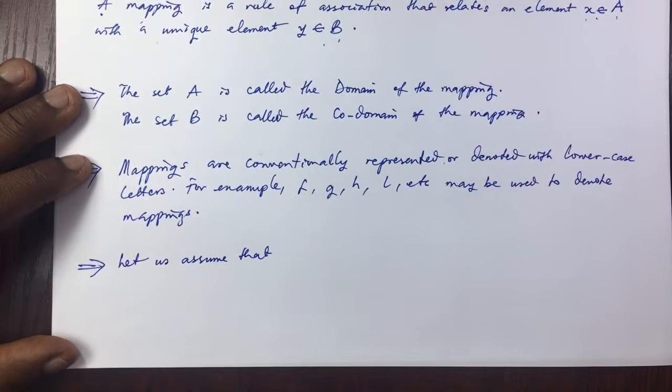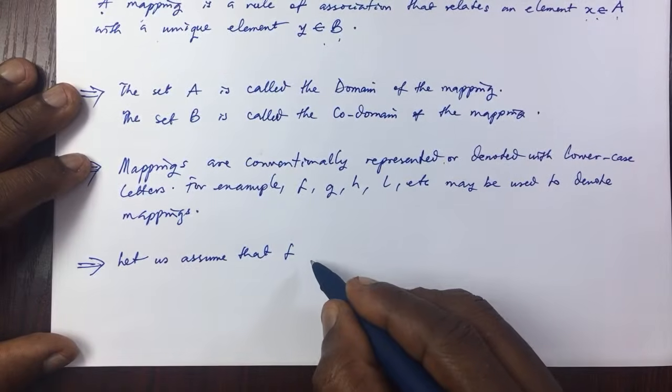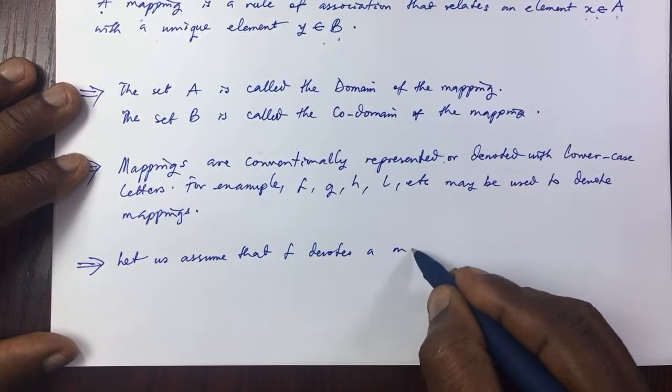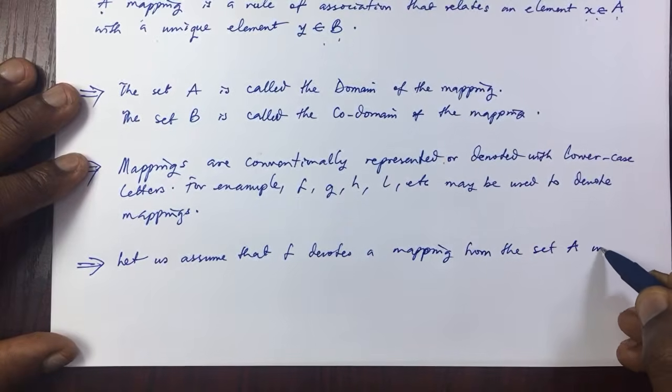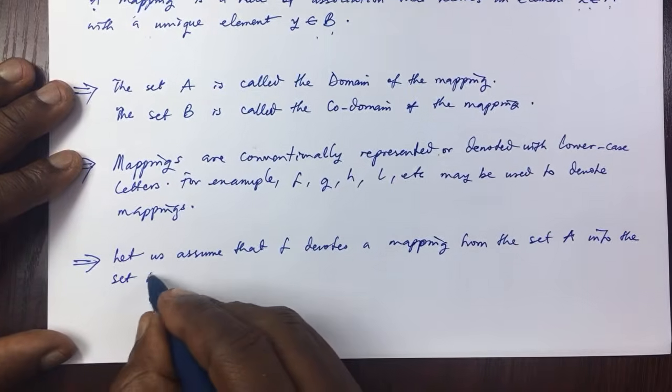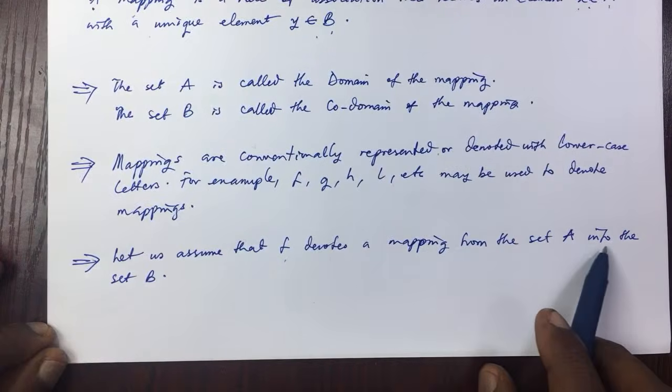Now that we know that lowercase letters are preferably or conventionally used to represent mappings, let us now assume that f denotes a mapping from the set A into the set B. Now, let us assume that we are using the lowercase letter f to denote a mapping from the set A into the set B. That is an association of elements in the set A, the domain, with unique elements in the set B, the codomain. How can we represent this mapping f?